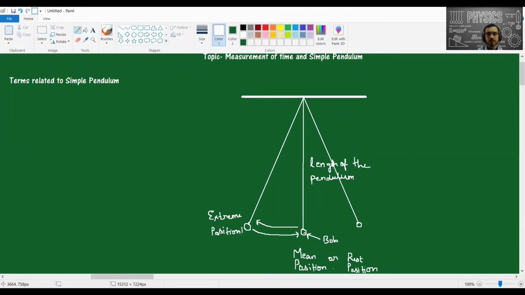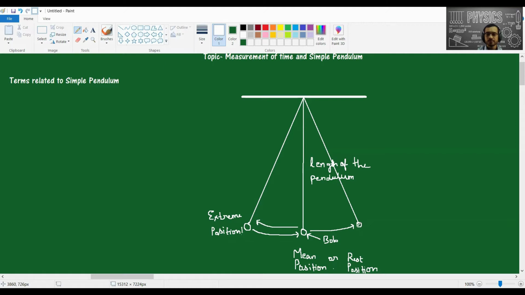So potential energy is getting converted into kinetic energy here, and then from this position to the next extreme position, it will use its kinetic energy to reach the same height. Then this kinetic energy will again be transformed back into potential energy.